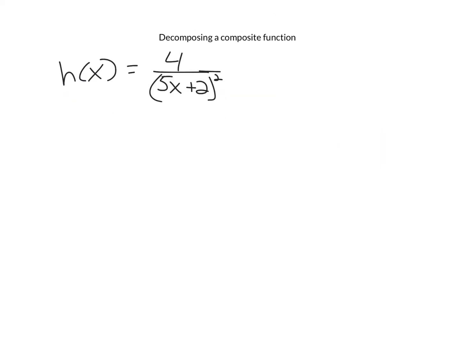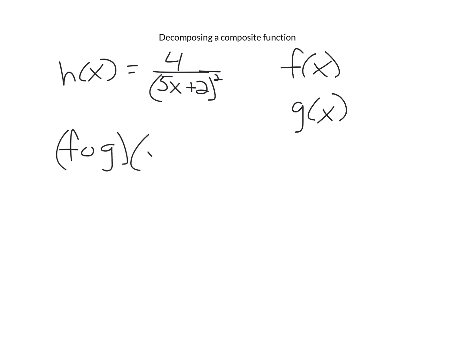This type of problem here, we can have a little creativity involved. So I have h of x equals 4 over the quantity 5x plus 2 squared. And what they want from you is to write f of x and g of x as a composition of functions. So we want to know what makes this equal to h of x.